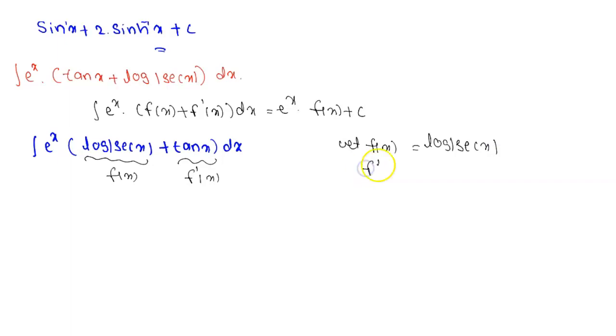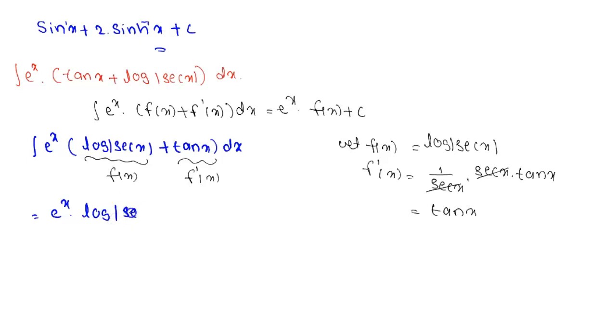So here I am taking f dash of x. Derivative of log x is 1 by x, and derivative of secant x is secant x into tan x. So here we can cancel secant x. The leftover value is tan x only. Right. So here we can write directly: this is equal to e power x into log mod secant x plus c. This is the answer for this question.